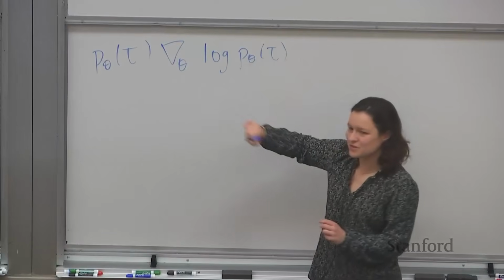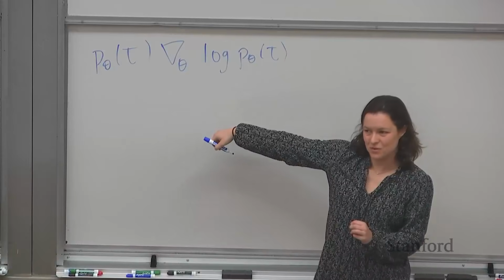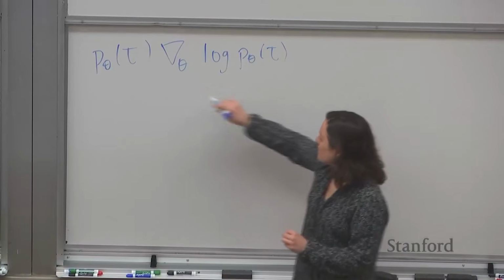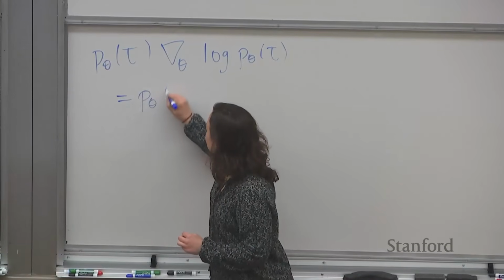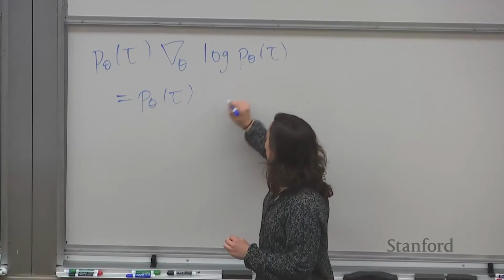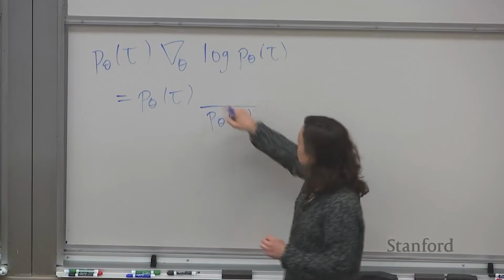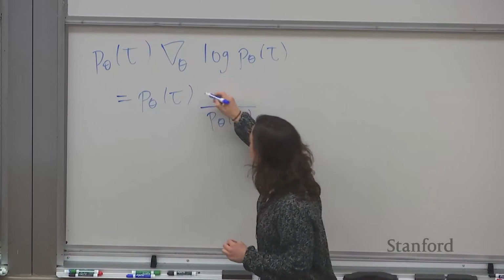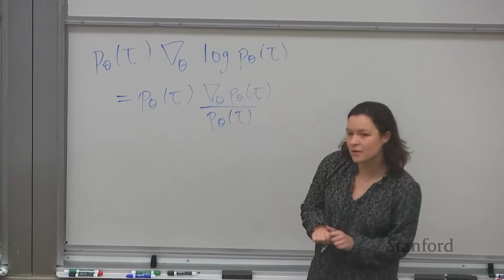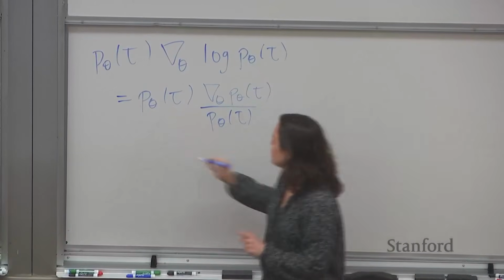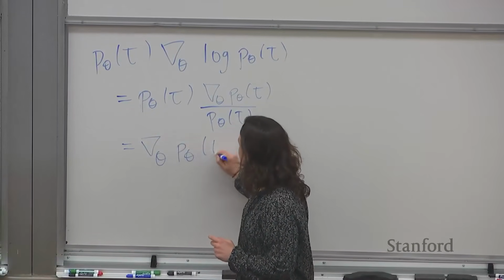Does anyone remember what the derivative of log is? One over, right? So this is equal to p theta of tau times 1 over p theta of tau. Then we need to use the chain rule to apply the gradient, so we get the gradient of p theta of tau. These two then cancel out, and this is equal to the gradient of p theta of tau.